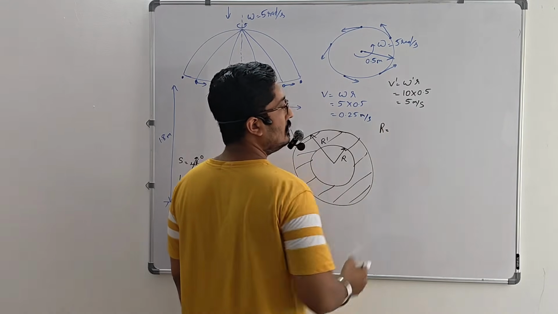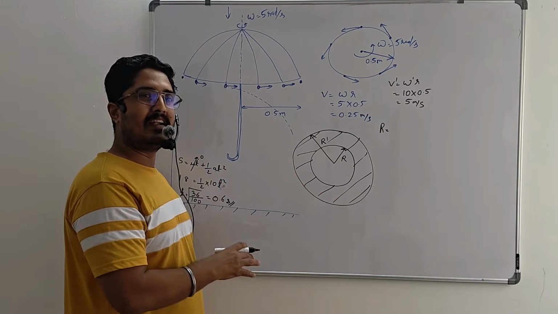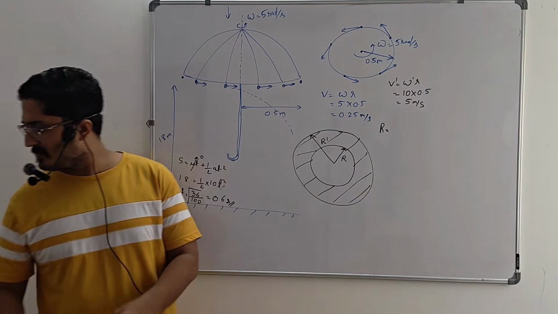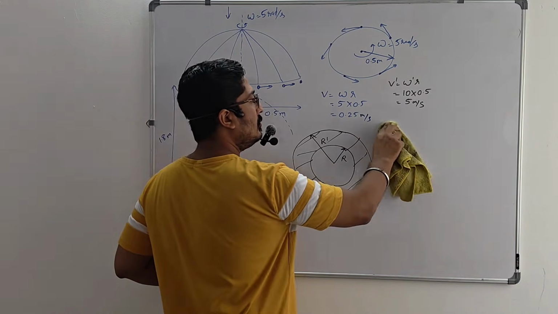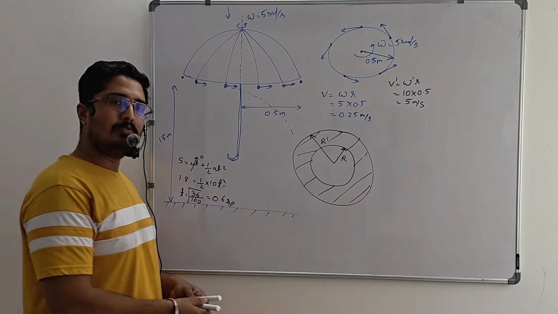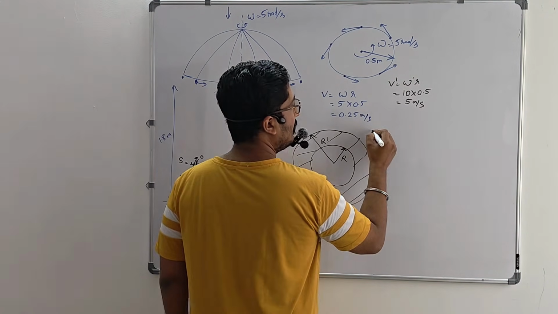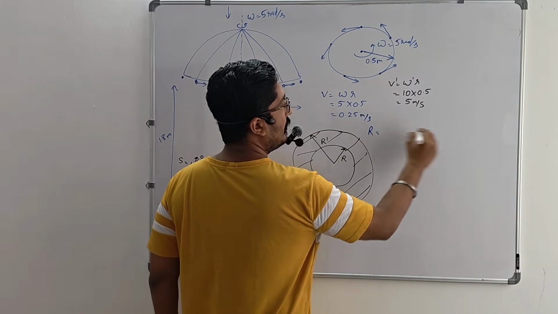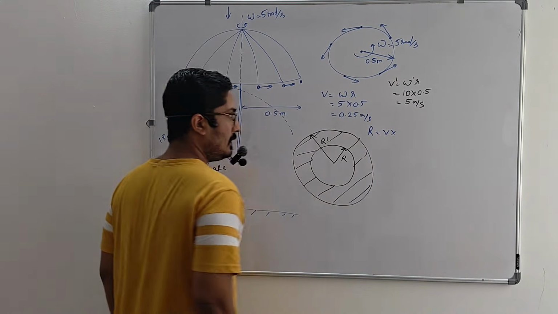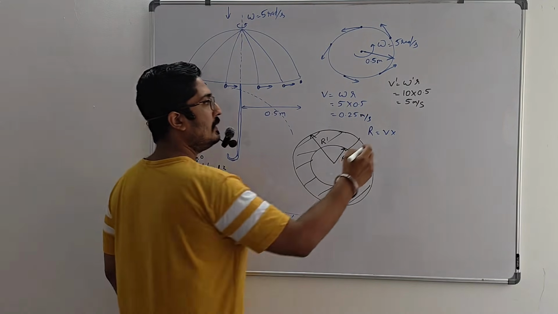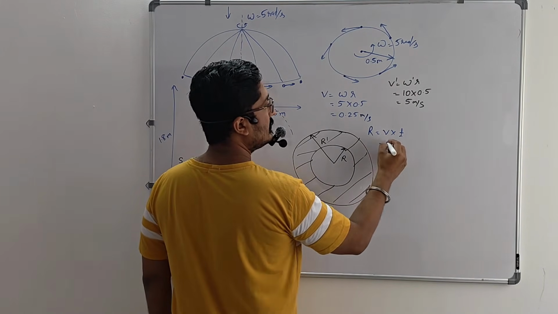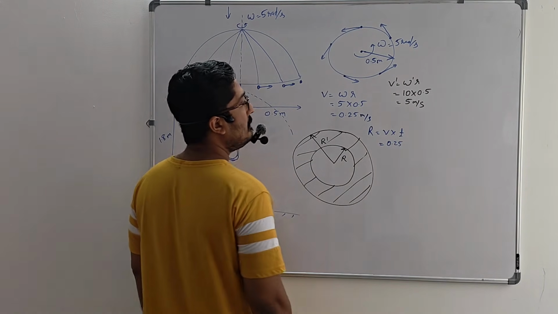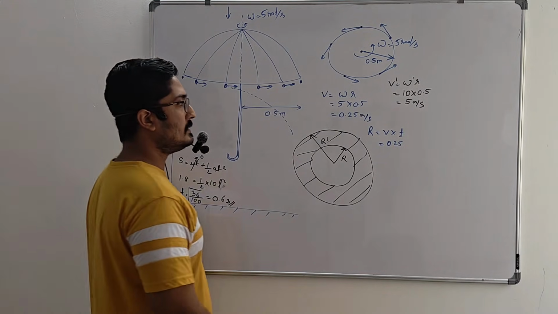Range R is equal to, we can use either directly the range formula, or actually it is much easier here because time I know, horizontal velocity I know, so why to use a formula? I can find the range in this way, that R is equal to horizontal velocity into the time taken, the t to fall. So I can say horizontal velocity is nothing but 0.25, and the time taken for the journey is 0.6 seconds.